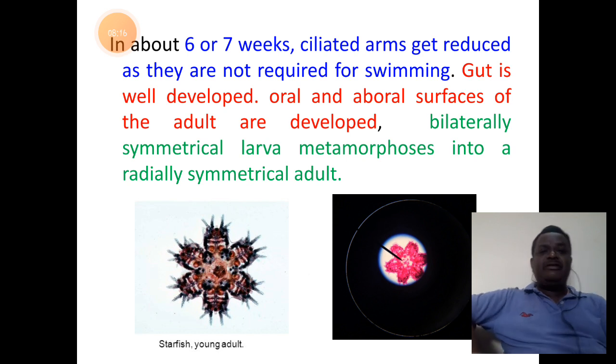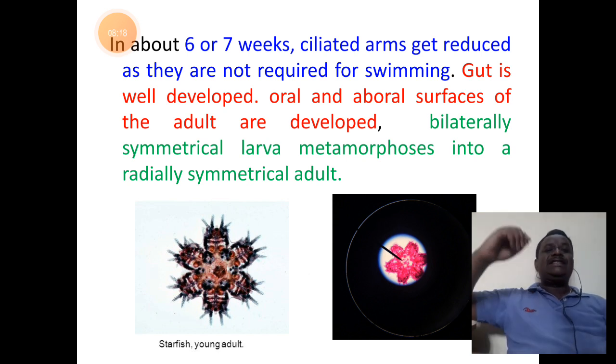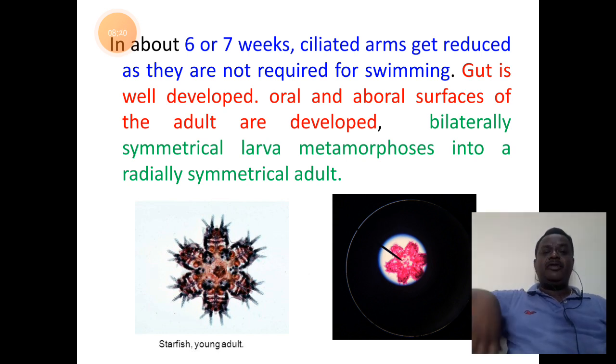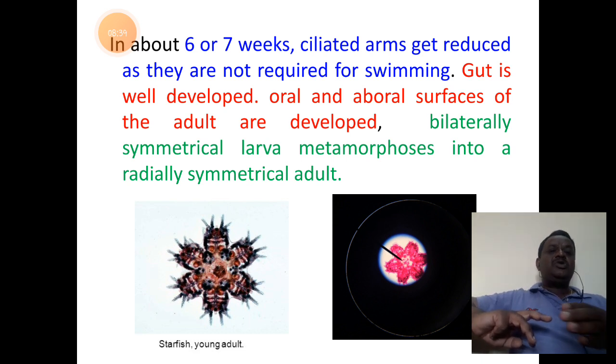After 6 to 7 weeks of time, the ciliated arms that are seen for the body get reduced in their size because they are not required for swimming. Number two, the shape of the body gets modified to form a star-shaped structure, as what you see in the diagrams down. So towards the right side is the microscopic view of the miniature starfish.